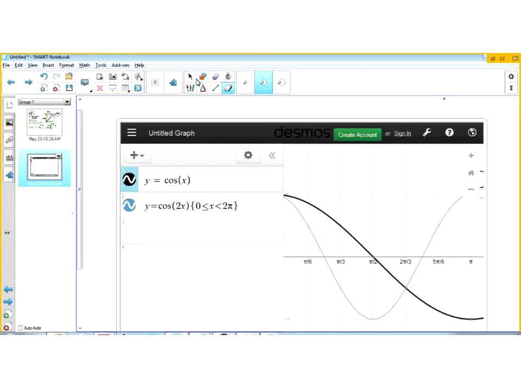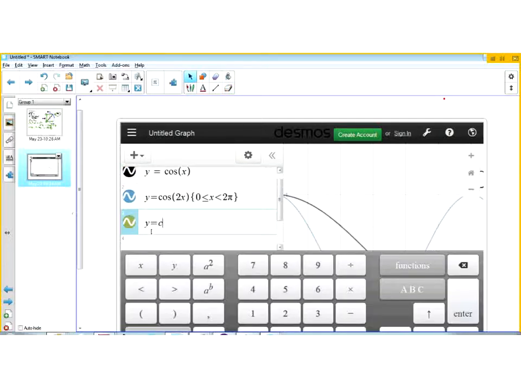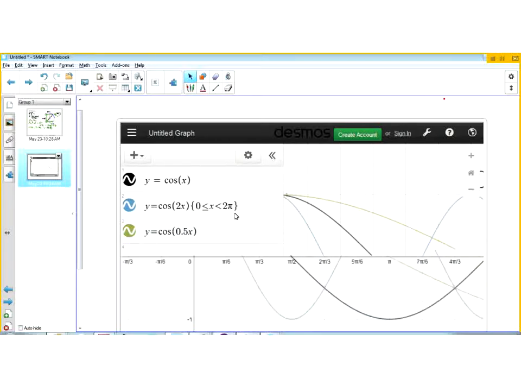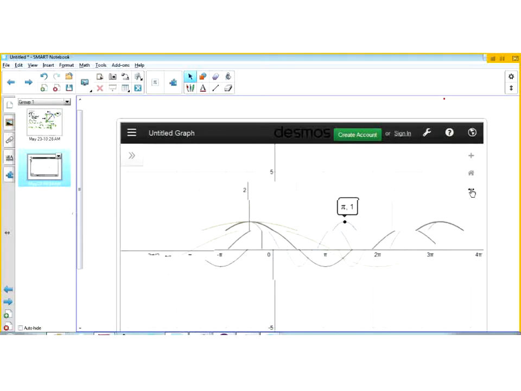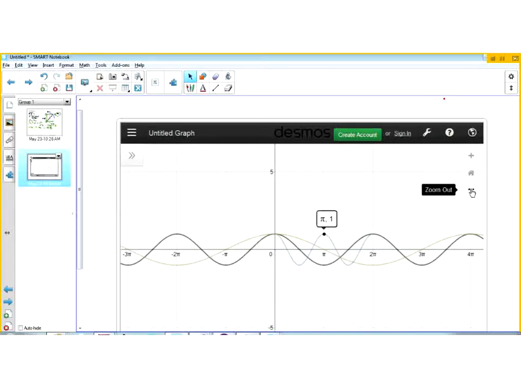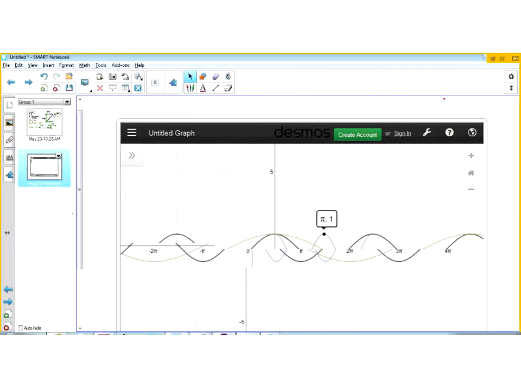I have to wait on the internet to catch up. So this would be a horizontal stretch, and I'll just let it run. Let's see what the green curve looks like. I'll have to zoom out a bit, and we anticipate the period to be 4 pi. So let's verify that the period of this curve now is 4 pi.